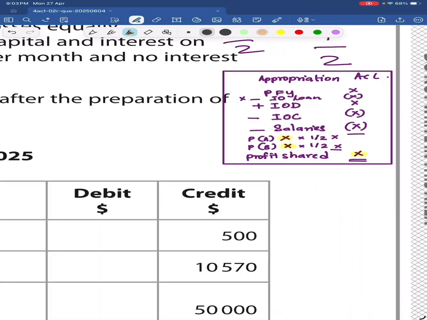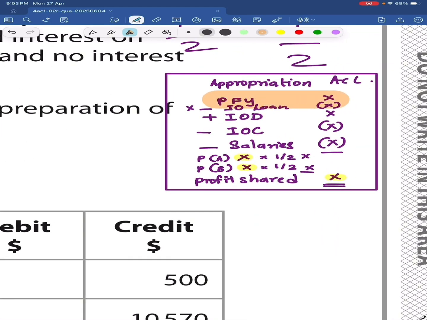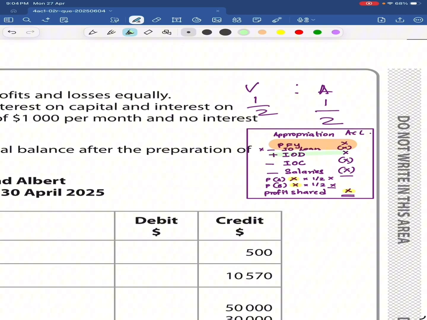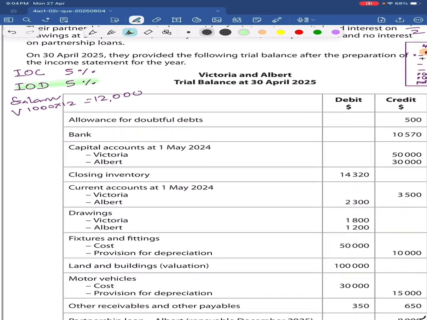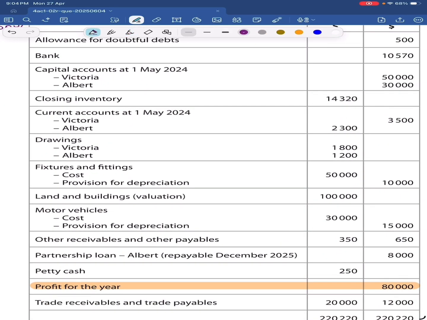Now the next step in the format is to identify the interest on drawings. Right? So for interest on drawings, it clearly states that interest on drawings will be 5% per annum. So let's calculate the interest on drawings as stated here.